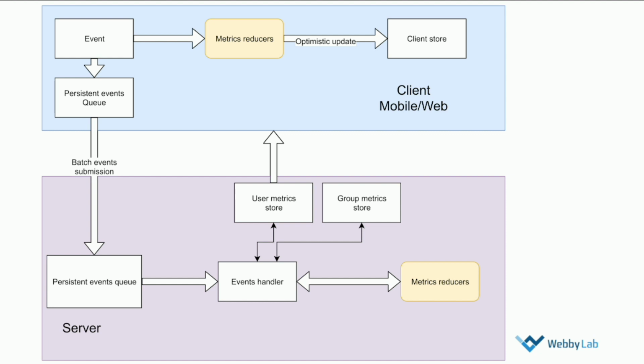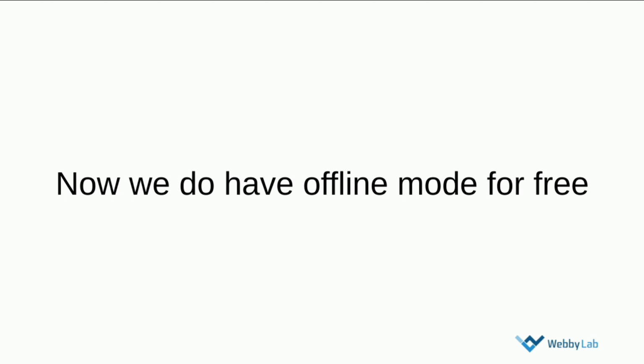When a user logs in, he or she will get the state from the server, and later will apply events and update their own state on the mobile side. It's a real application, already in production, and it works in this way. After that, we have mobile offline mode for free.